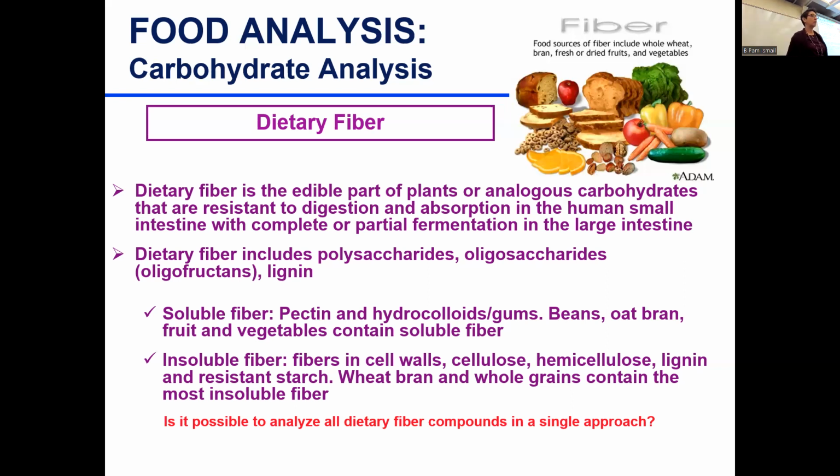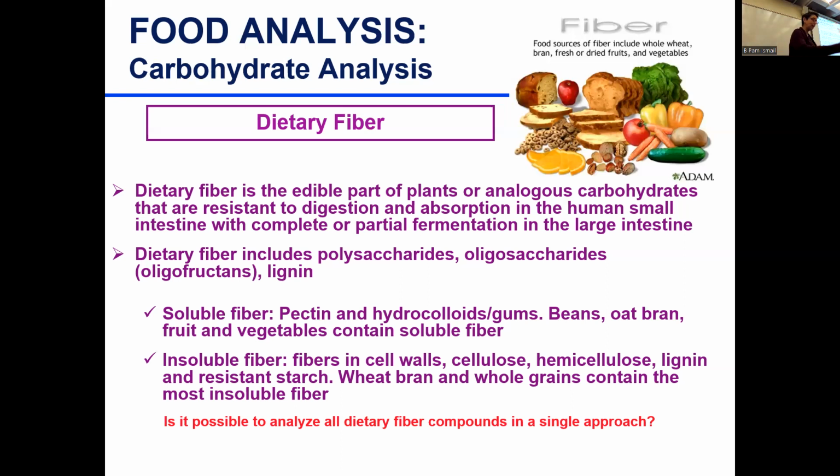The whole wheat bran and whole grains, is that talking about the bran on the actual plant or not? It's not bran, so starch is not bran, but sometimes the matrix of the food does not allow the enzyme to physically reach starch.